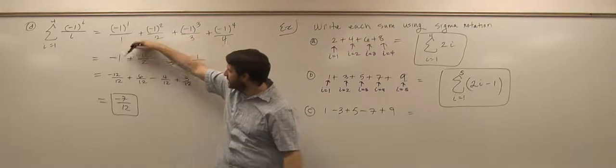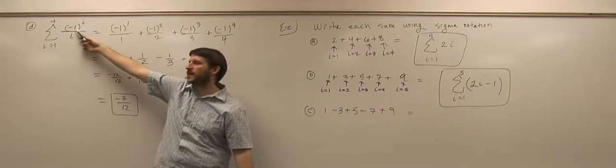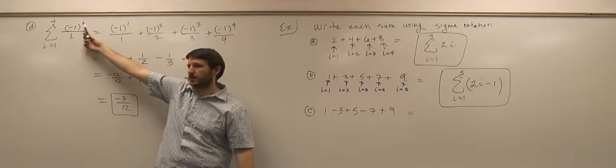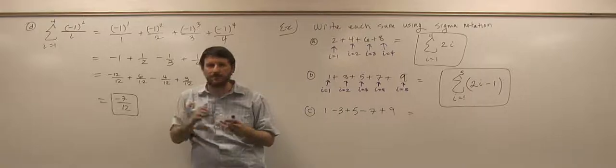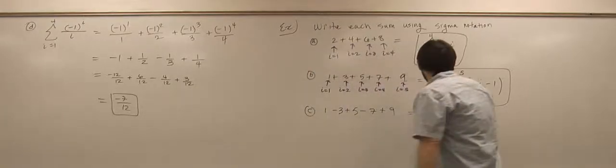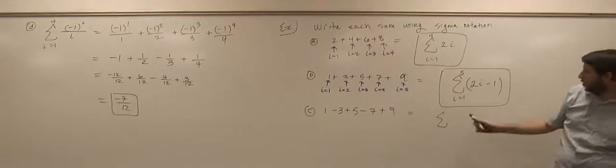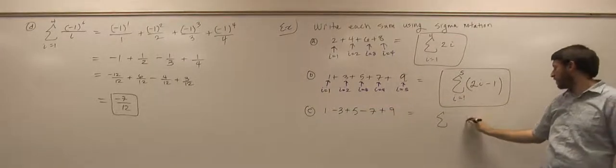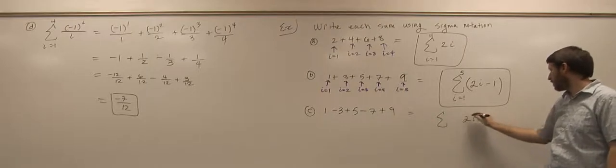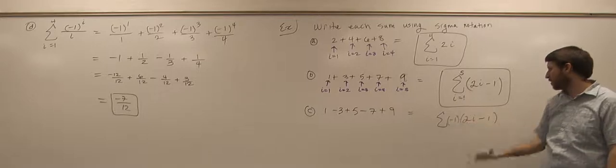To get alternating signs like this, you need a negative 1 to a power. Well, you don't need to, but the easiest way is to have negative 1 to a power. Because when the power is even, you'll have a plus sign, and when the power is odd, you'll have a minus sign. So it's the last one times negative 1 to the i minus or plus 1. Yeah, so the numbers are all the same, which means I'm going to have the same formula for the most part. But then I have to multiply by a negative 1.